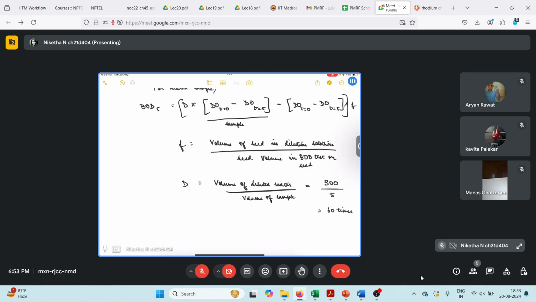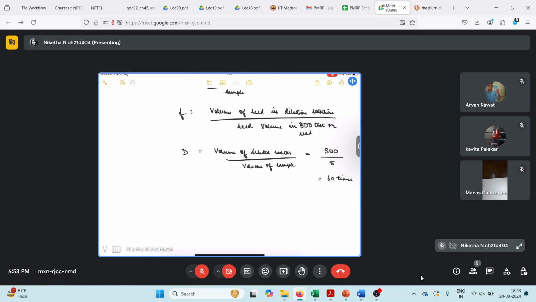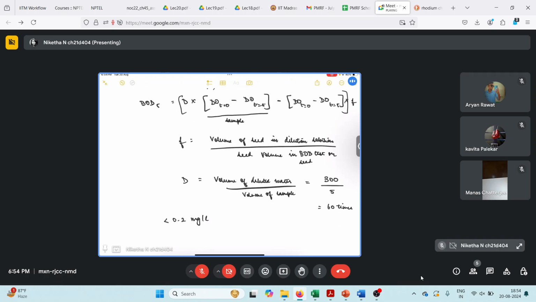Sometimes what happens when we do BOD test is if the BOD is coming to less than 0.2 milligram per liter, then we will not consider this test, because this means that whatever oxygen was there was consumed. I mean, the bacteria does not have sufficient oxygen.